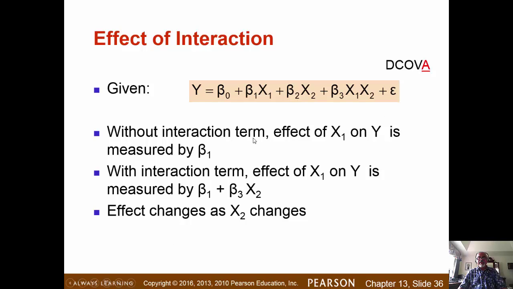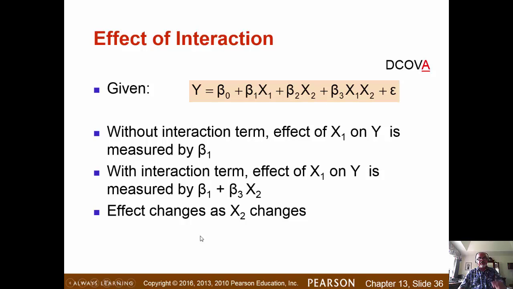So without the interaction term, the effect of x sub 1 on y is measured by beta sub 1. Now, with interaction, the effect of x sub 1 on y is measured by beta sub 1 plus beta sub 3 times x sub 2.